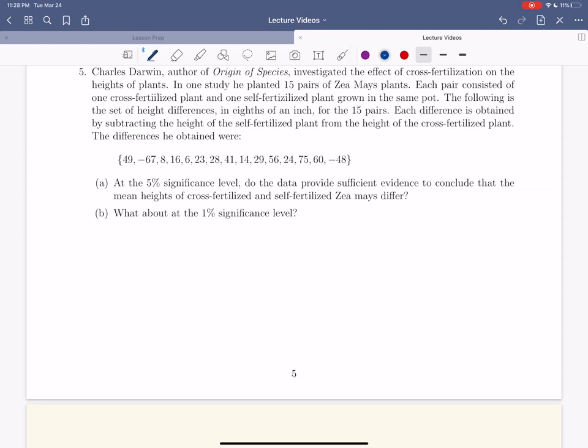You compute the t-value, the test statistic: d bar divided by the standard deviation of the differences over square root of n. When you plug everything in, your mean is about 20.93333, your standard deviation is 37.7, and n is 15, and you end up with 2.1480. Okay, I had R spit out that number exactly.